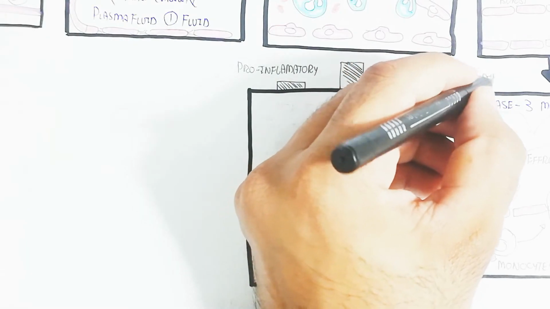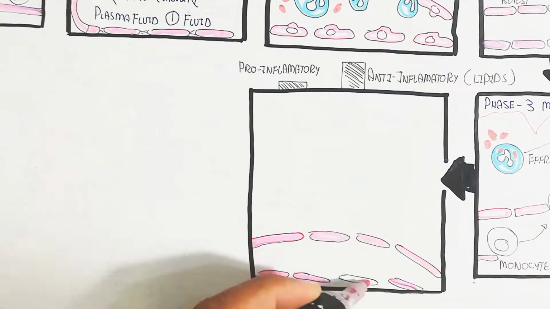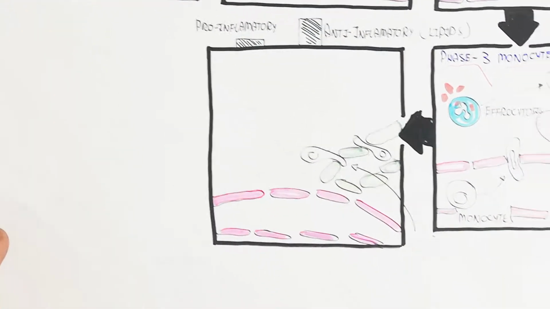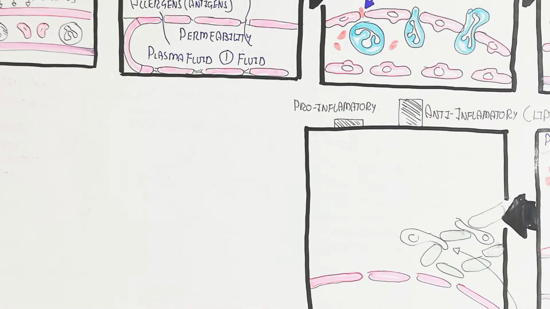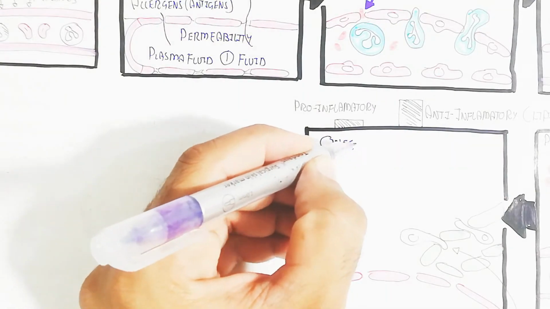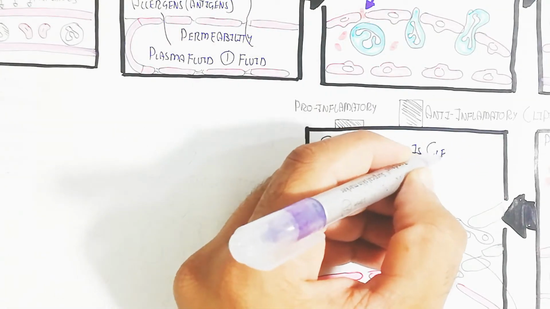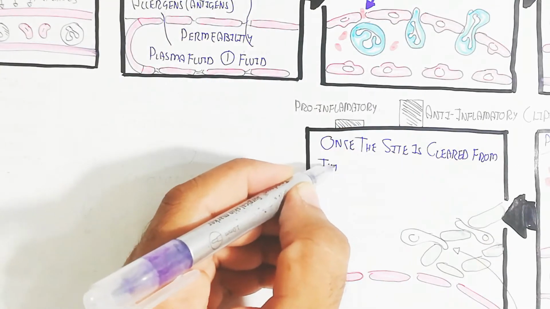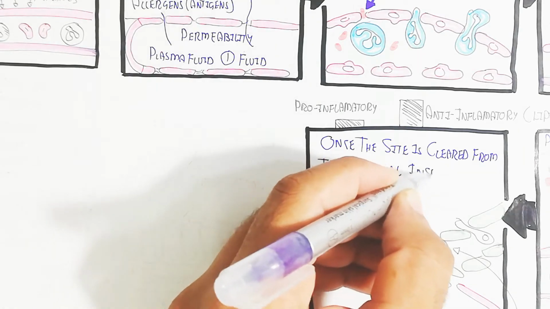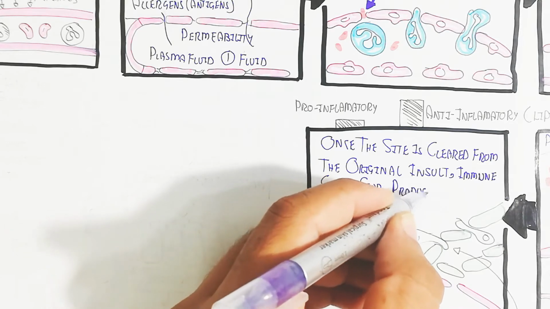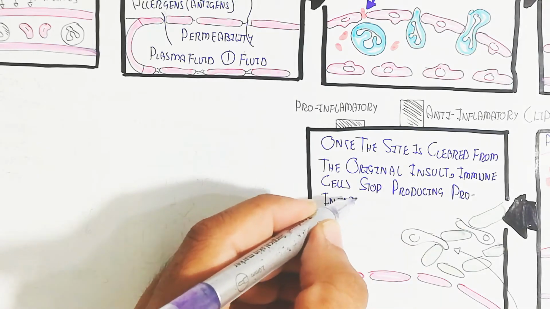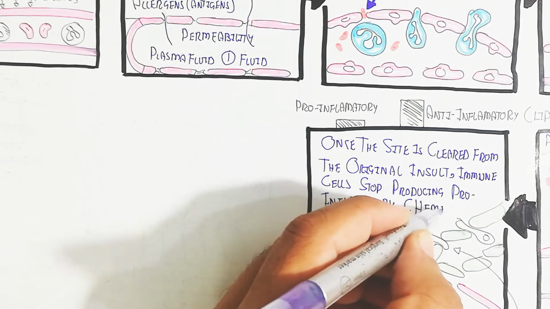After this, once the site is cleared, the pro-inflammatory mediators decrease, while anti-inflammatory mediators increase, such as lipids containing omega-3 fatty acids. Once the site is clear of the original insult, immune cells stop producing pro-inflammatory chemicals and produce anti-inflammatory mediators.